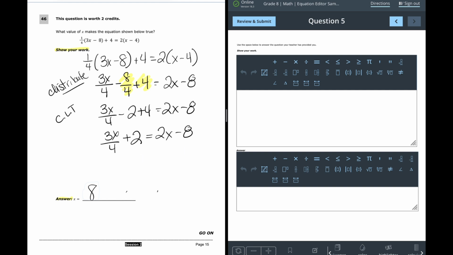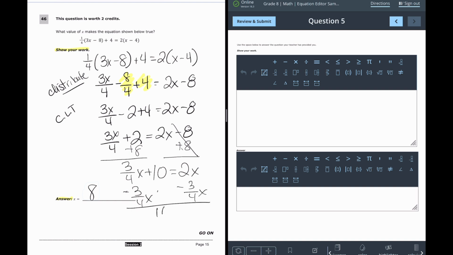So let's start there. We're going to add 8 on both sides here. And I have 3/4 x plus 10 is equal to 2x. And now I'm going to subtract 3/4 x from both sides. So now I have 10 is equal to, and over here if I have $2 minus 75 cents, I get 1.25 x.